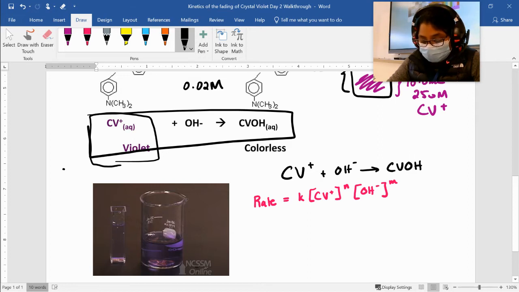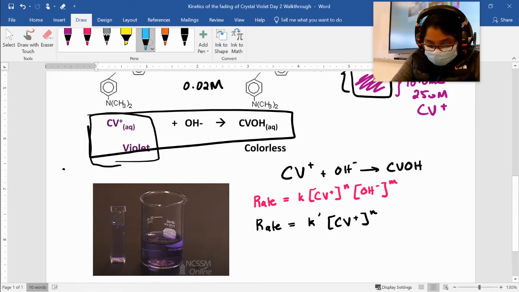You can actually write a new rate law. This is in your document, by the way. You can write a new rate law with a rate constant k prime, and the concentration of CV raised to the n. This k prime includes the hydroxide term and this k.